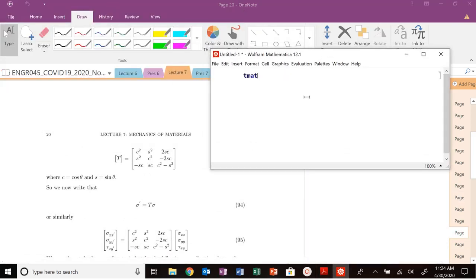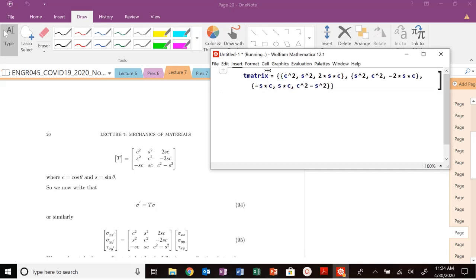My T matrix is going to be equal to, again, C squared, S squared, 2 times S times C; S squared, C squared, minus 2 times S times C; and minus S times C, S times C, and C squared minus S squared. You're probably sick of this at this point. Hopefully you have this already defined in your notebook.